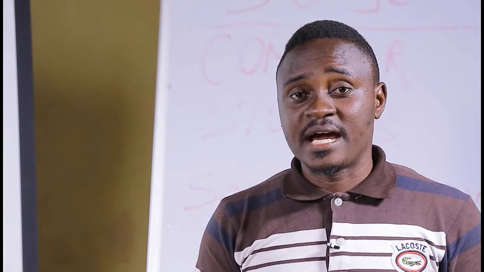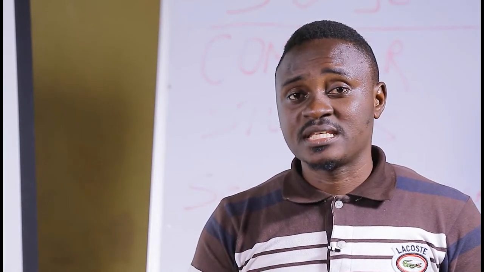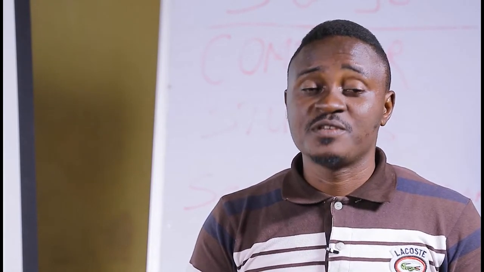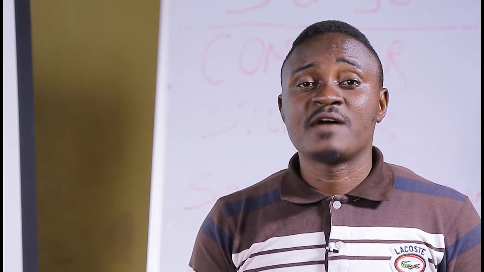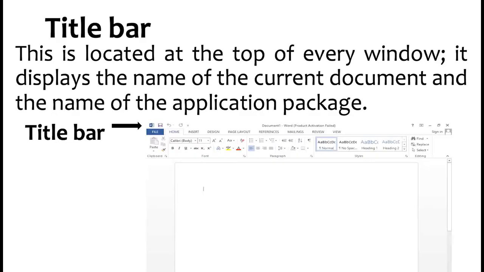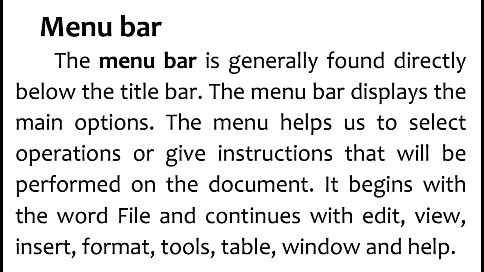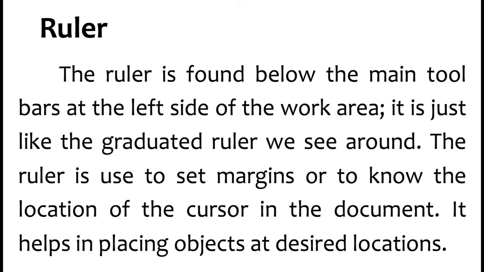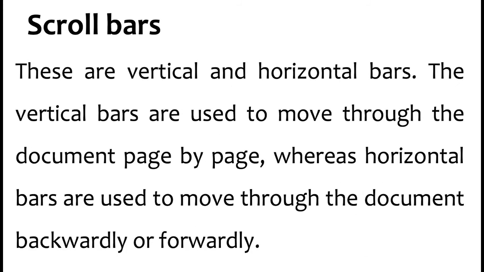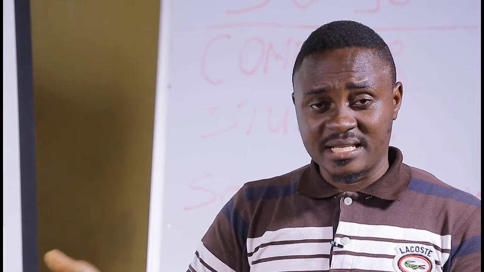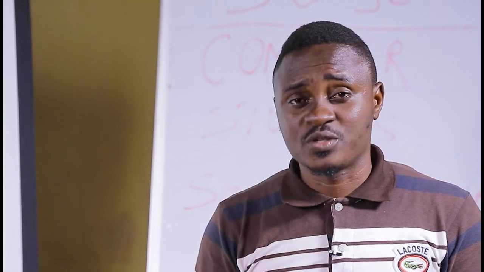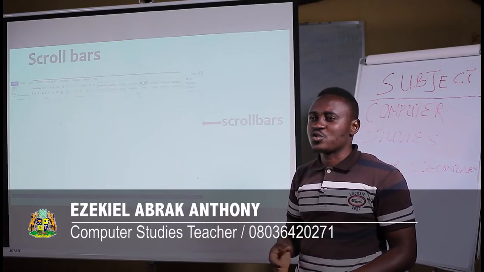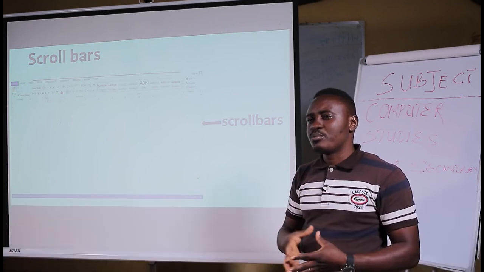We started by defining what word processing is, and coming to the word processing environment, we discussed the features: we have the title bar, the menu bar, the toolbar, the ruler, and the slide rule, the one we place by the right. We discussed all of their functionalities, and we saw how efficient and how important they are for us to have a good word processing.